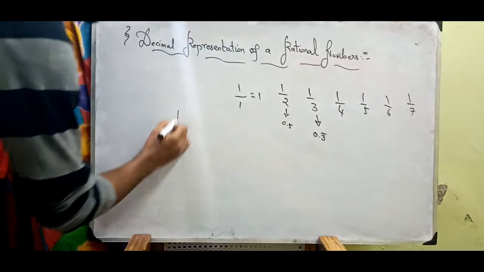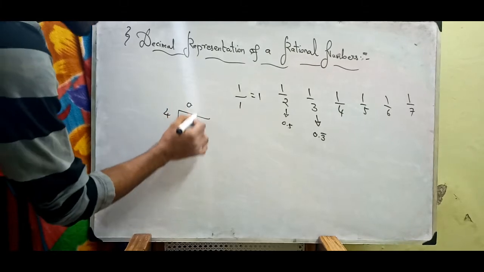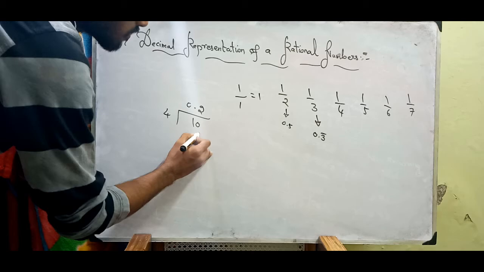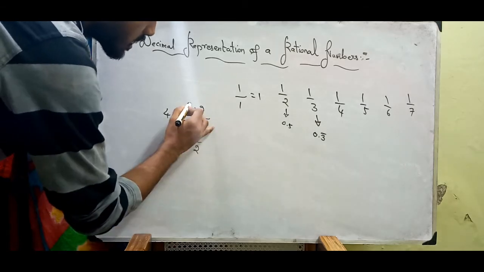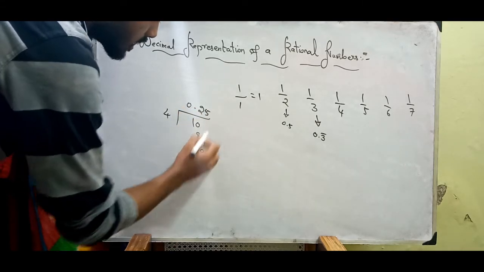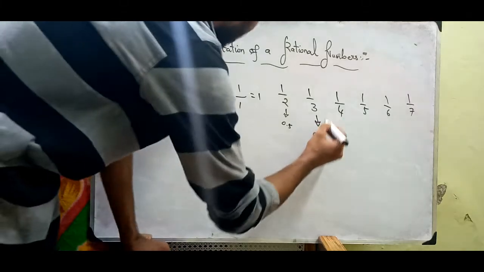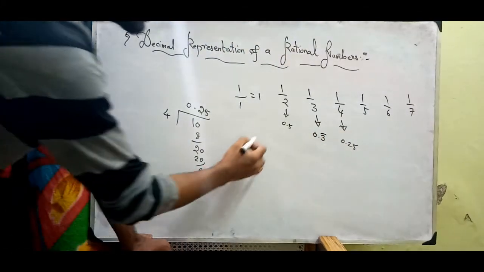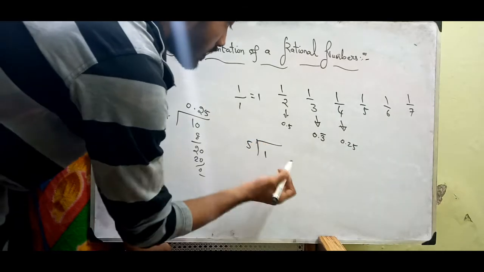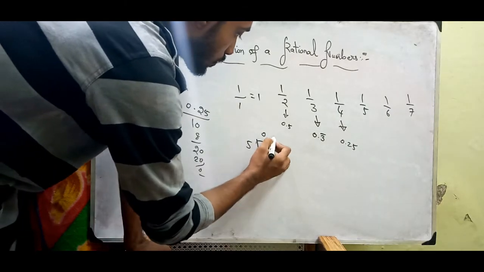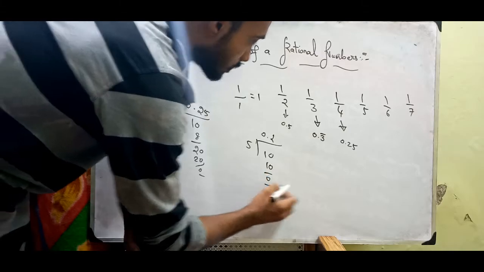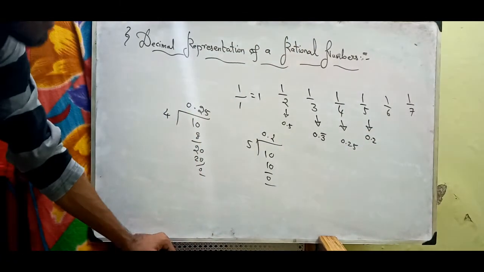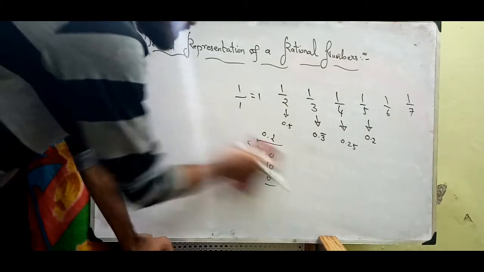And for 1 by 4, 1 divided by 4, 0 point, it is 10. So 4 2 times 8, remainder 2, already decimal is there, so 0, 4 5 times 20. So this you've got 0.25. Next 1 upon 5 and that is 0.2, 5 times 2 is 10. I think it is going to terminate, right?